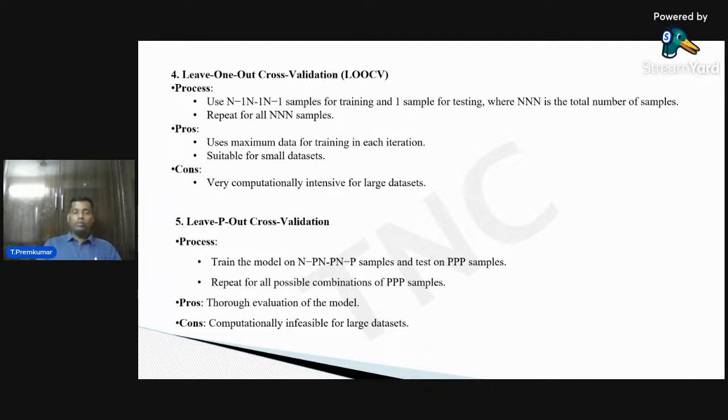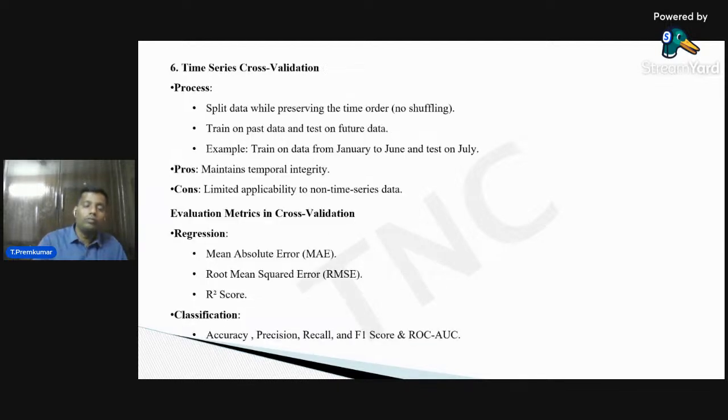Most probably, the cross validations we have discussed so far are not suitable for larger data sets. And when you talk about time series cross validation, it splits the data while preserving the time order, with no shuffling, and trains on the past data and tests on the future data.